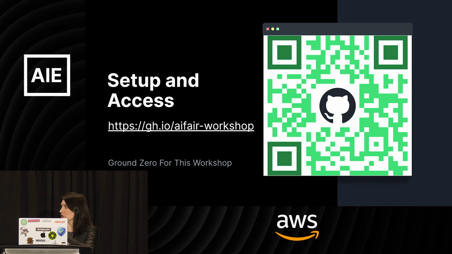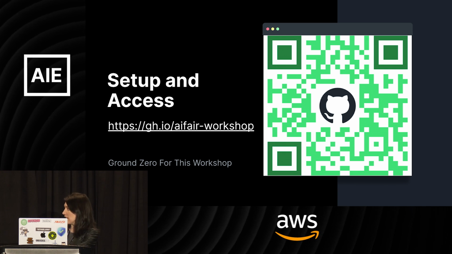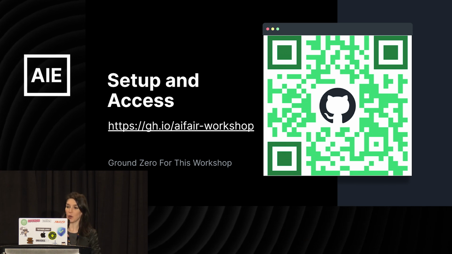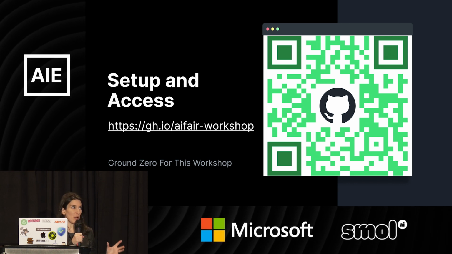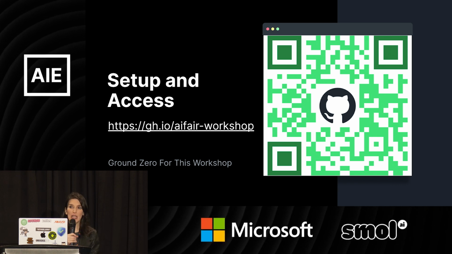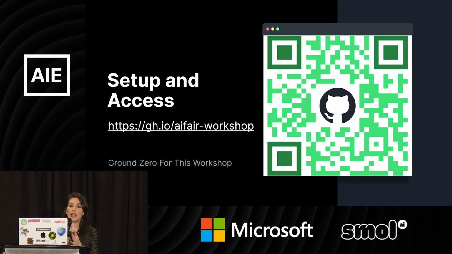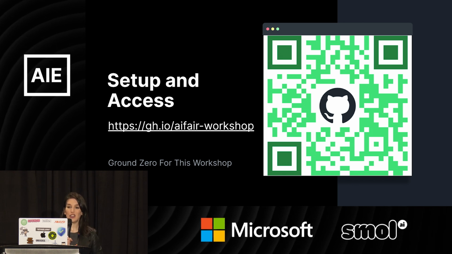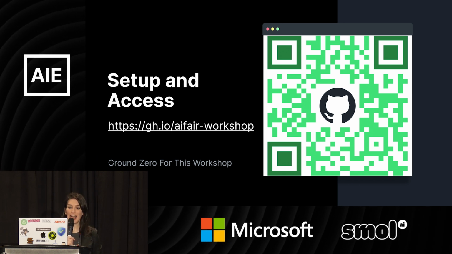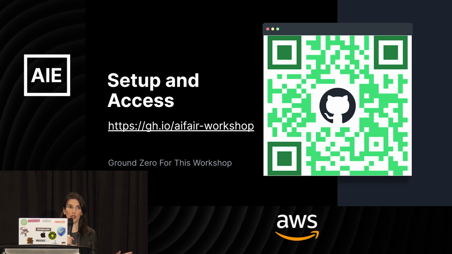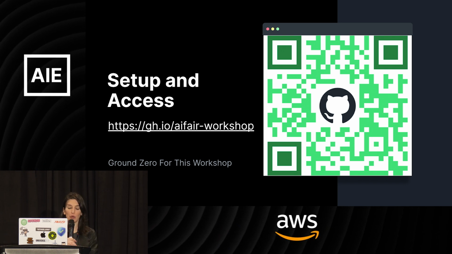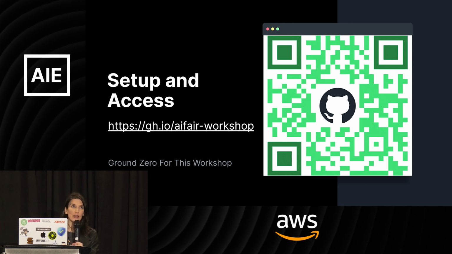This QR code, and I'm sorry that I was not able to make the URL larger, is going to be ground zero for this workshop, this repository. If you want to follow along with us, going to gh.io/AIfair-workshop is going to take you to a repository which will show you everything that you need.